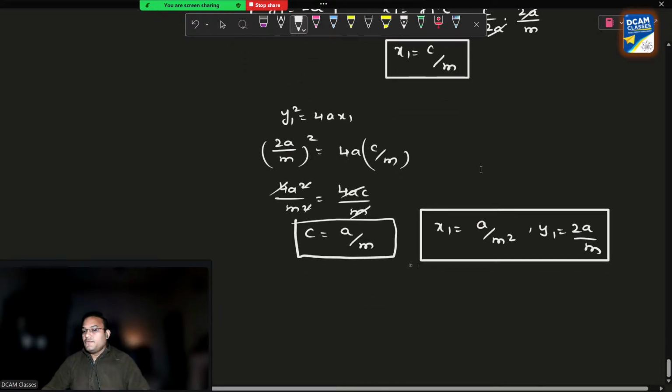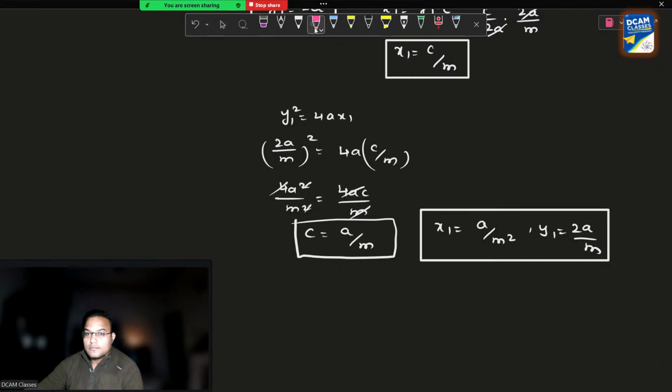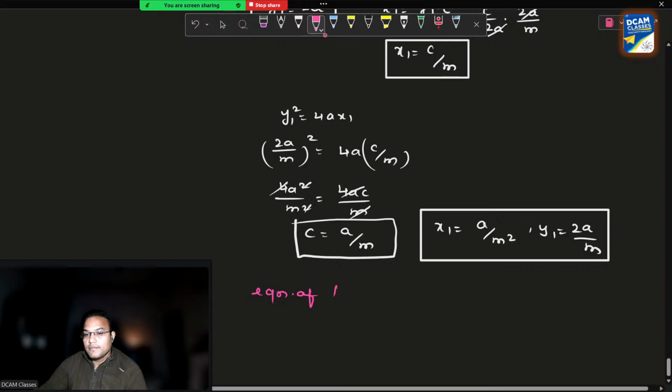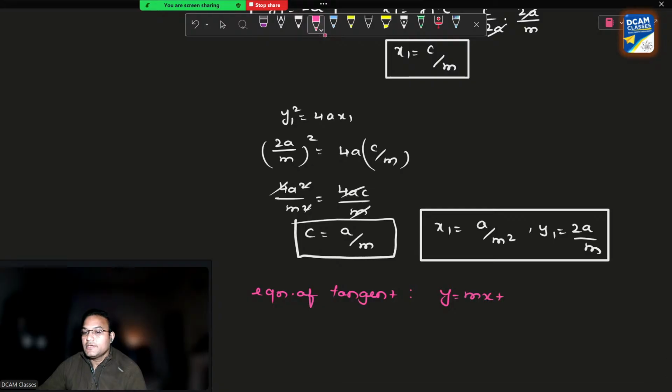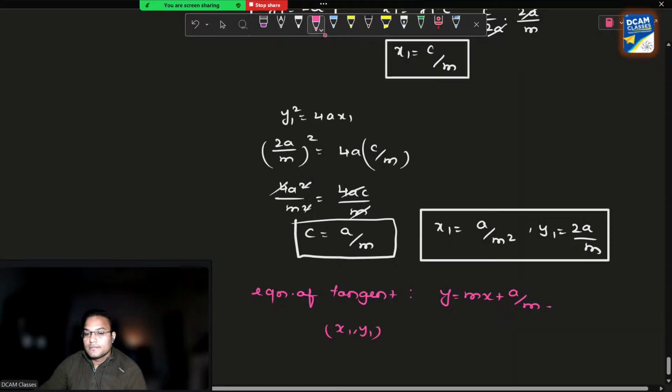From this, the equation of tangent becomes y is equal to mx plus c, so mx plus a by m, and the point of contact, POC, will be a by m square comma 2a by m.